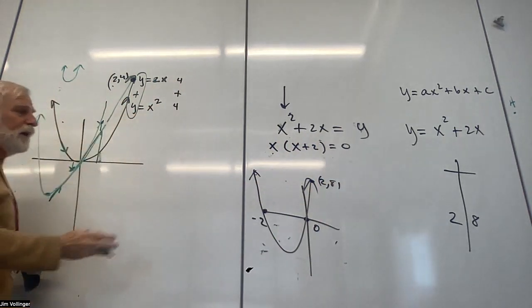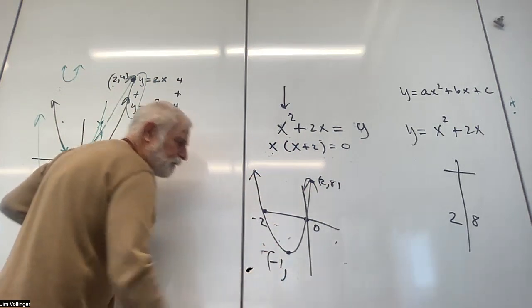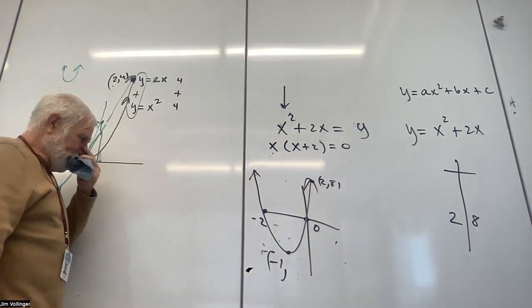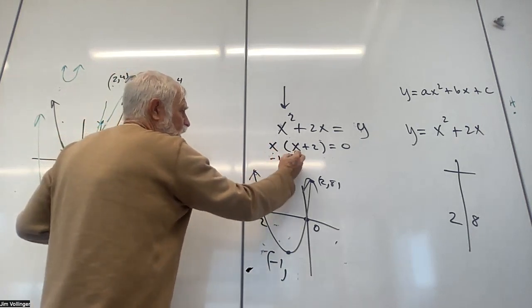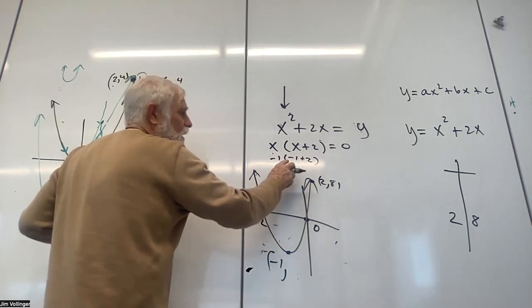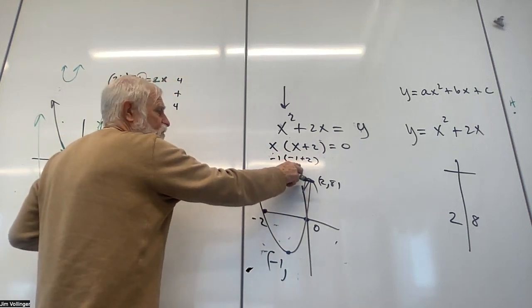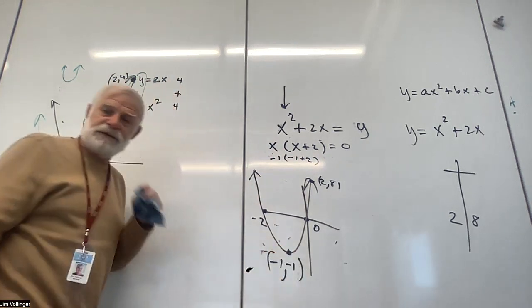If you add them up, you get 8. Now the question is, what's that? Well, that's negative 1, right? And negative 1, when I put it in, I get negative 1 times negative 1 plus 2, which happens to be negative 1 times 1, which is negative 1. And that's where that vertex is.